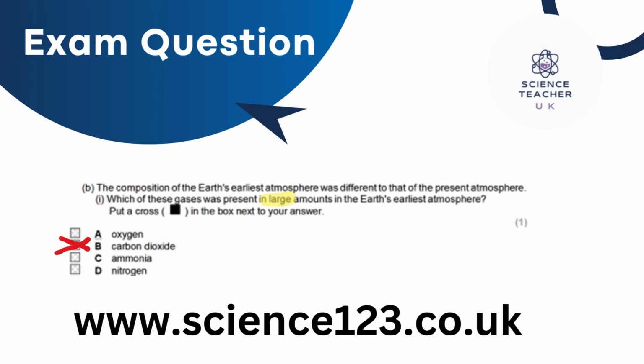So the answer is carbon dioxide. Now, carbon dioxide is still being added to the Earth's atmosphere today by volcanic eruptions. There would have been other gases present too, such as water vapour, but carbon dioxide would have been present in the largest amount by far.